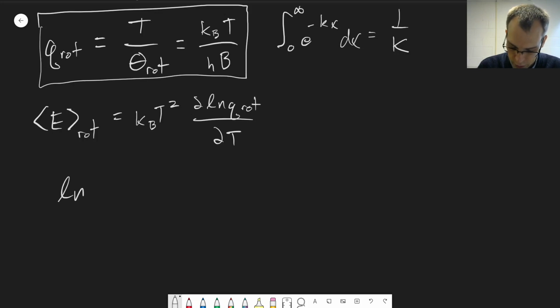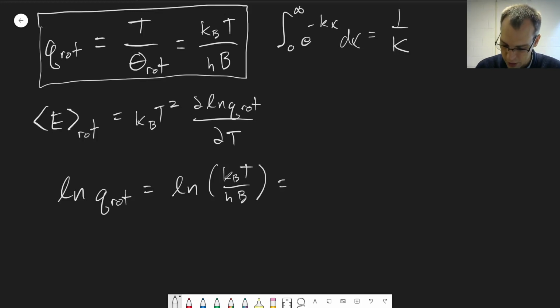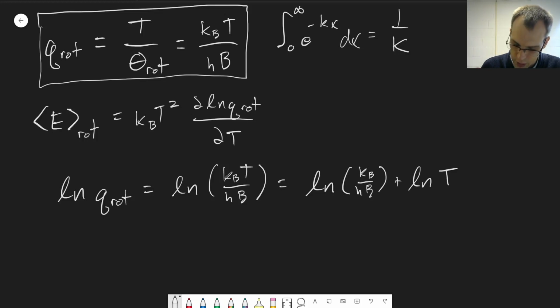You can look at log of q rot here. All right, q rot is equal to kBT over hB, so the natural log. We only have one term that has T in it, so we can go ahead and separate these out. We'll have our log kB over hB plus log T. When we take the derivative, this term will go to 0.